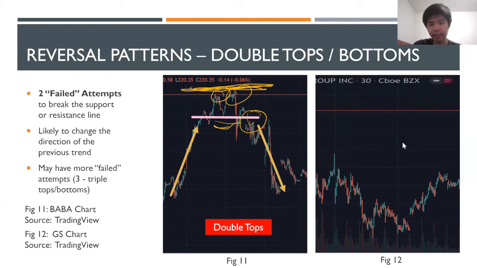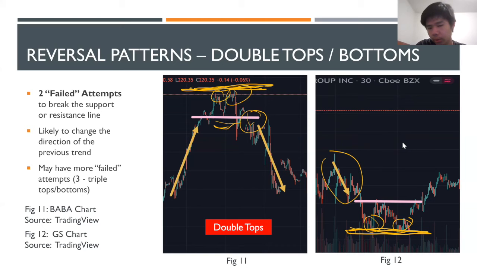Now, similarly here on our right side, we have the Goldman Sachs stock chart, and it was first introduced with this downward pattern before encountering the neckline for these two bottoms over here. And they also fail to breach or fall lower than the support line over here.